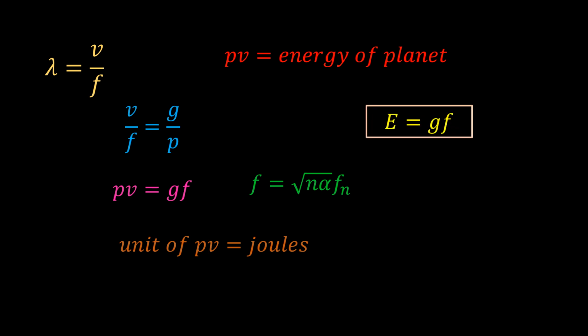This is the Planck-Einstein equation for celestial bodies. It cannot be a coincidence that all the equations for solar systems we have derived so far have the same form as those of atoms. This is telling us that atoms are structured like mini solar systems. This is the beginning of quantum mechanics of the cosmos.